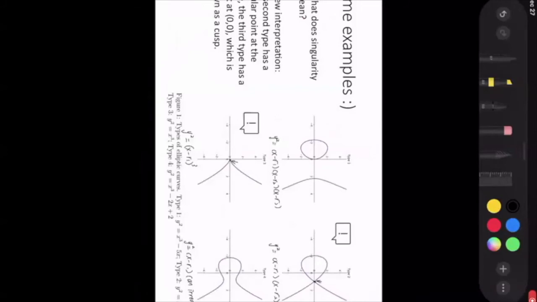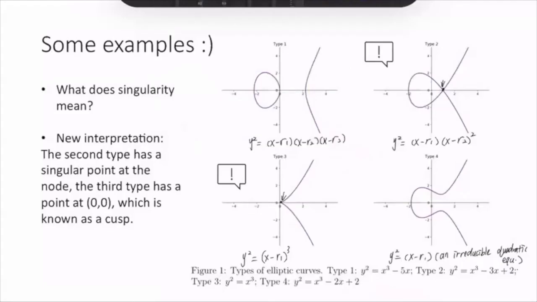If we do the implicit differentiation to our variable y with respect to x, we will obtain the following. y squared is equal to x to the third plus ax plus b. 2y prime is equal to 3x squared plus a.